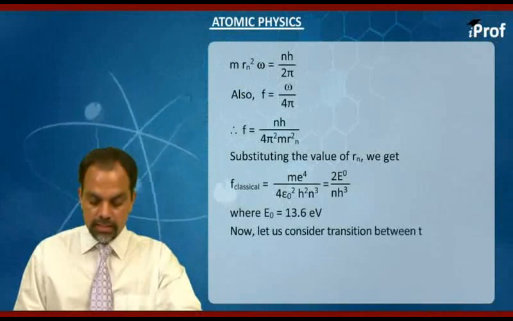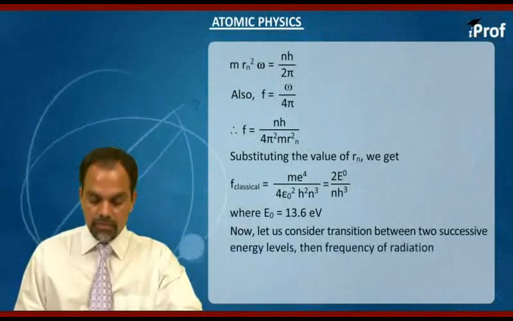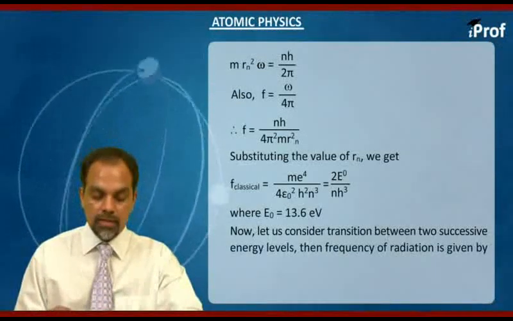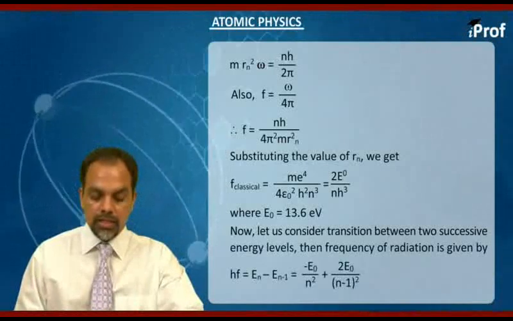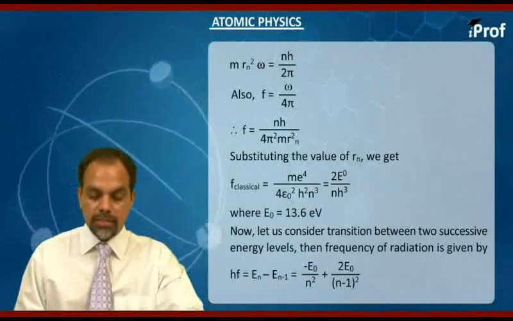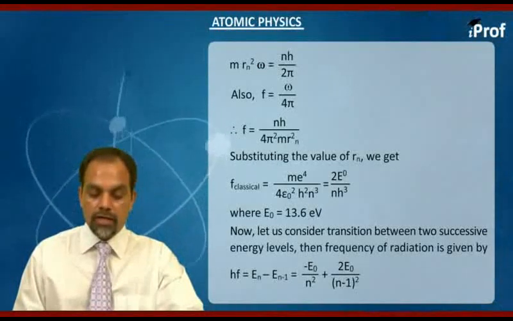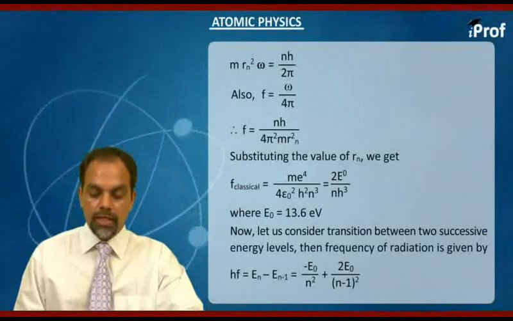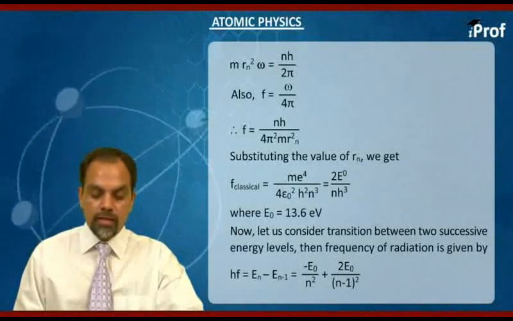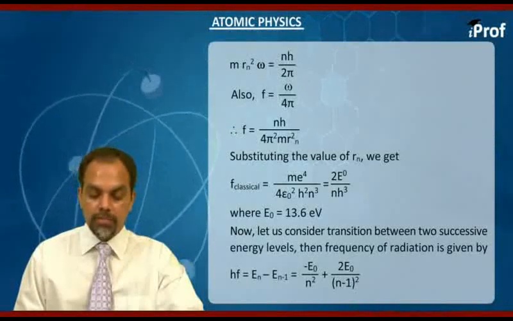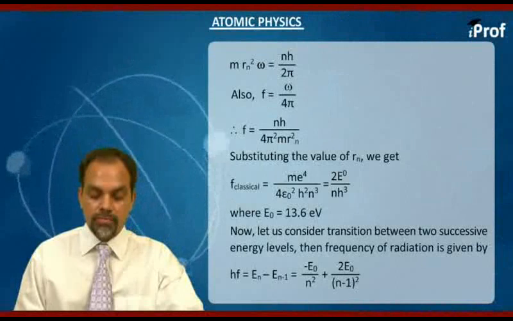Now let's consider a transition between two successive energy levels. The frequency of radiation is given by h f equal to E_n minus E_(n-1). Using the expression for the energy of the electron in the nth orbit, we get minus E naught divided by n squared, and minus minus becomes plus E naught divided by (n minus 1) whole squared.